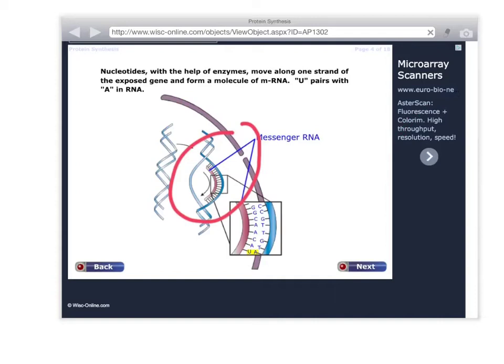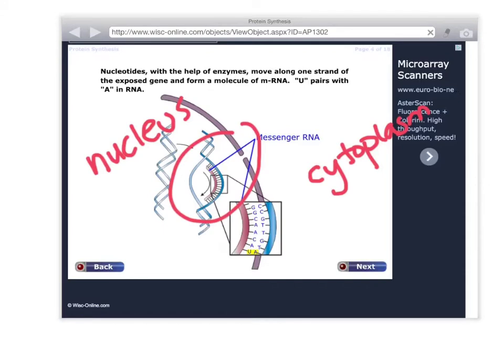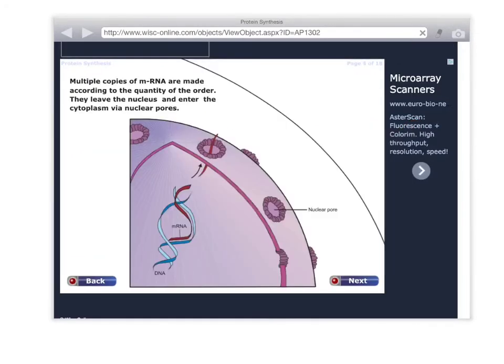Our cytoplasm is where the amino acids are. So in order for the protein to be made, a copy of that DNA has to exit the nucleus. So the mRNA will leave the nucleus, go into the cytoplasm, where it's going to start making that protein.